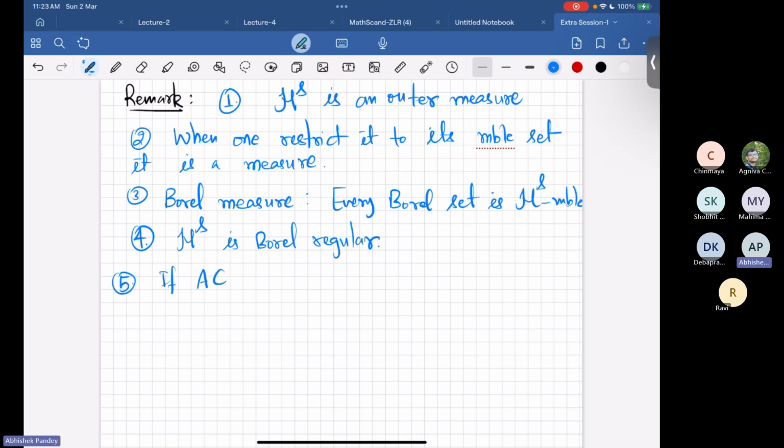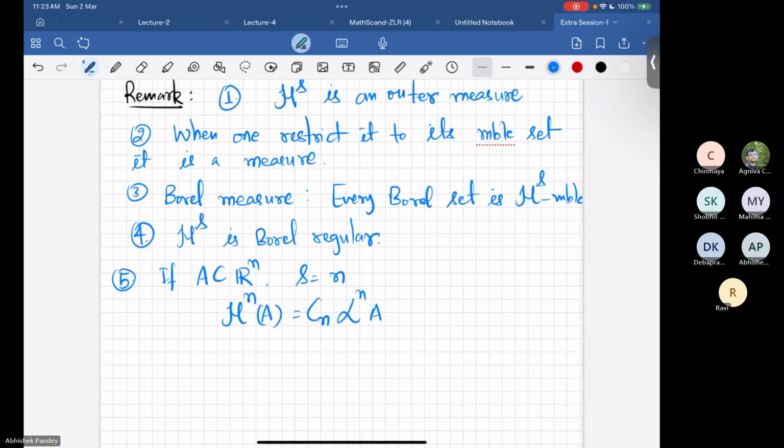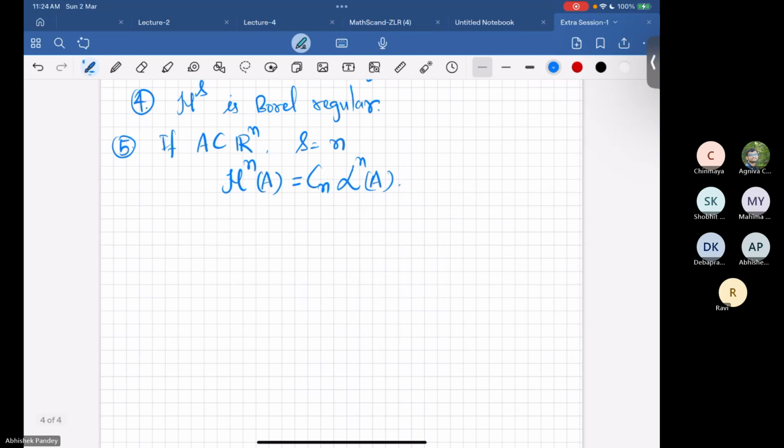If A is a subset of R^n and we take s equals n, then the n-dimensional Hausdorff measure of A is nothing but some constant times the n-dimensional Lebesgue measure of this set A. So once we talk about the n-dimensional Hausdorff measure of a set A, we have the equality with Lebesgue measure.